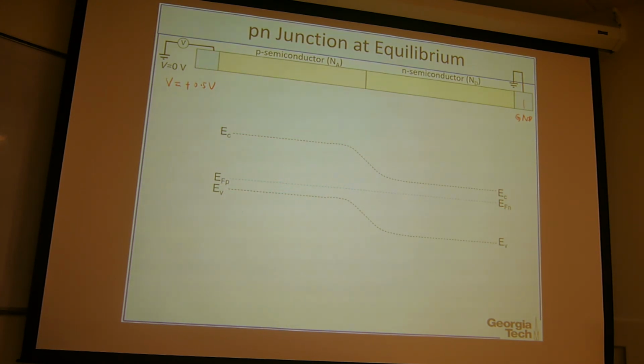That means the left P-type Fermi level will push down, and EC, EV will also follow that, pushed down by 0.5 electron volts. So this Fermi level will split up. This EFP no longer equals EFN. The EFP will be lower by 0.5 electron volts.